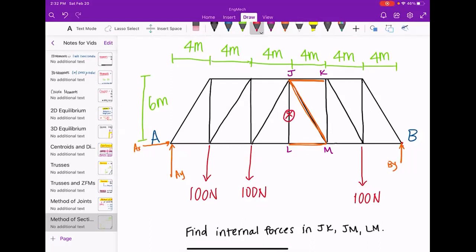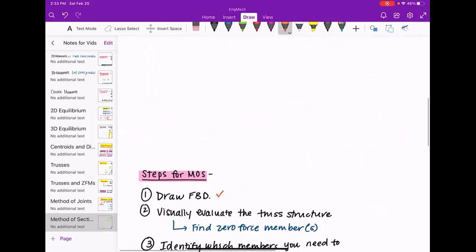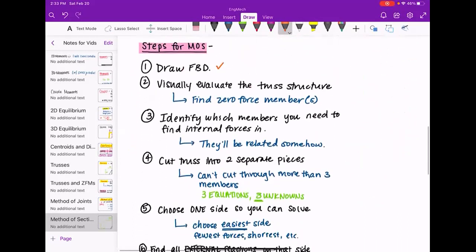So that one's a zero force member. So in the future, when I draw this, I can draw it without this member. So that simplifies it just a little bit. In other cases, it'll simplify it a lot more. Here, not as much.